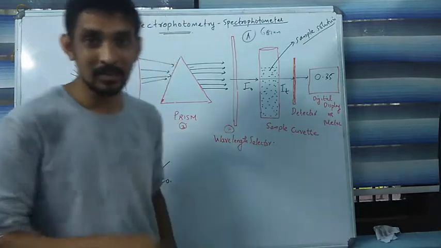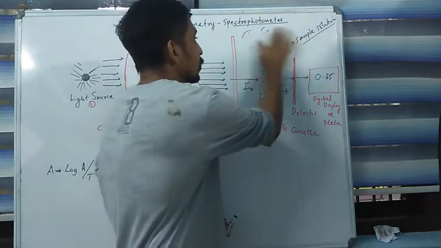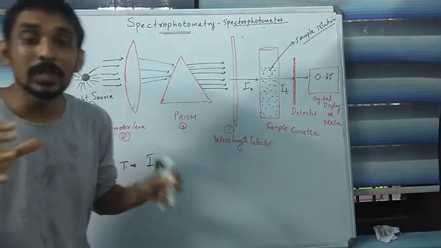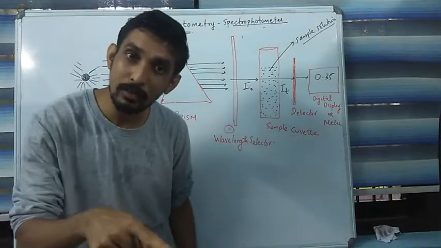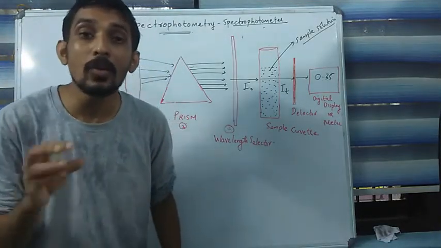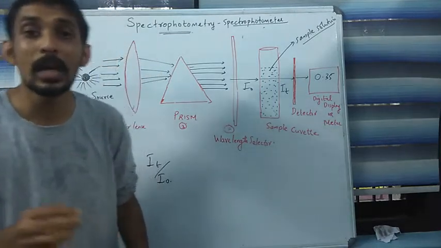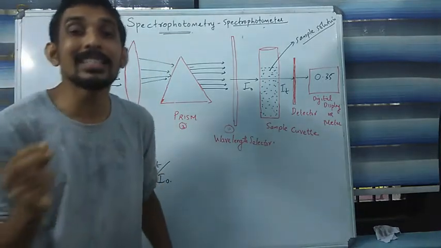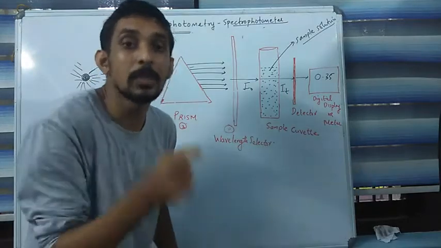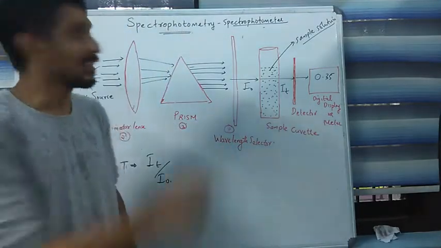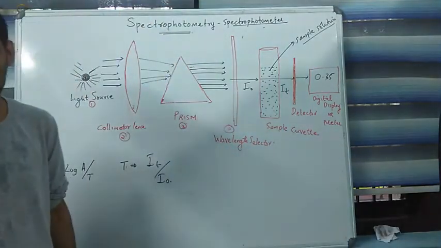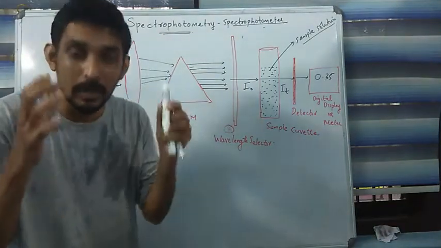So like that, spectrophotometry is a special technique used for identifying and quantifying the concentration of a specific material, a specific solute, in a solution by utilizing its absorbance value at a specific wavelength. That is called spectrophotometry.